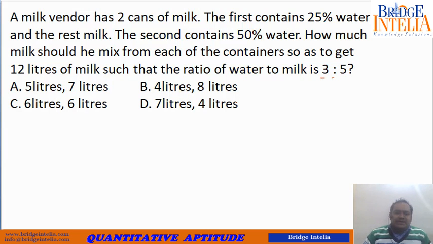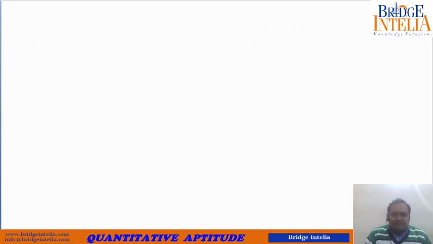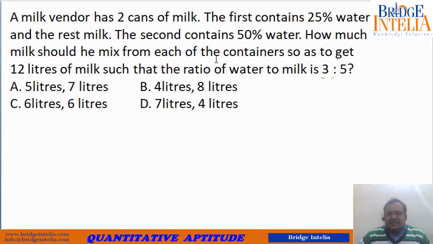Now please understand what is being conveyed here. So here again 2 different milk solutions are available. So what is their concentration? The first one is 25% concentrated and the second one is 50% concentrated.